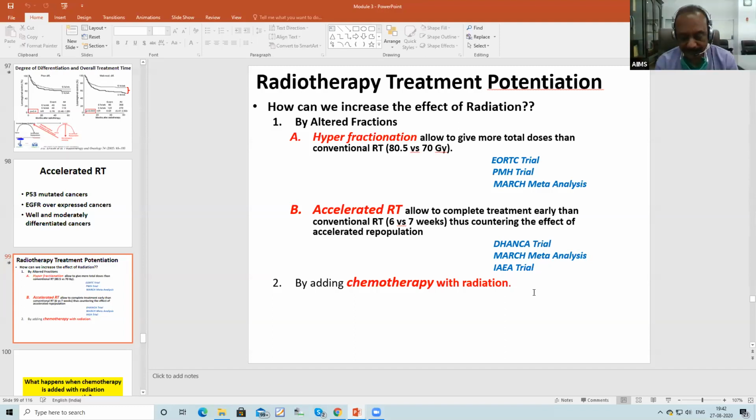Basically, we need to do a gap correction and deliver the missing dose. Once you do a gap correction and the overall treatment time remains the same, there will not be any difference in the tumor outcome.